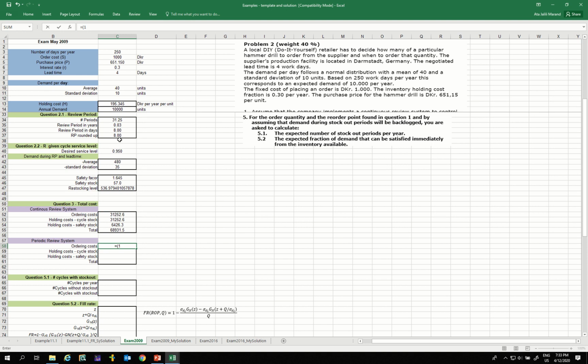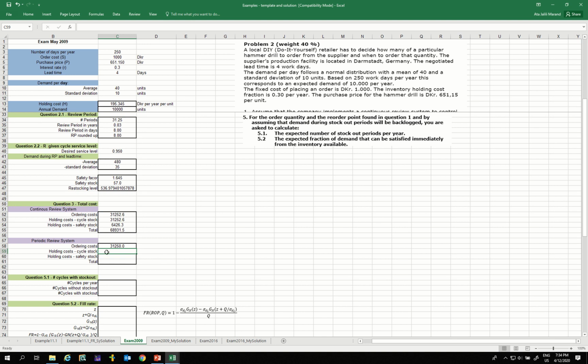So 1 over 8 will give me the number of review periods per day, right? And then if I multiply it by the number of days per year, it will give me the number of reorder periods per year. And I know that in each review period an order is made, so I need to multiply this number by the ordering cost, 1000. So it will give me the ordering cost of this system.